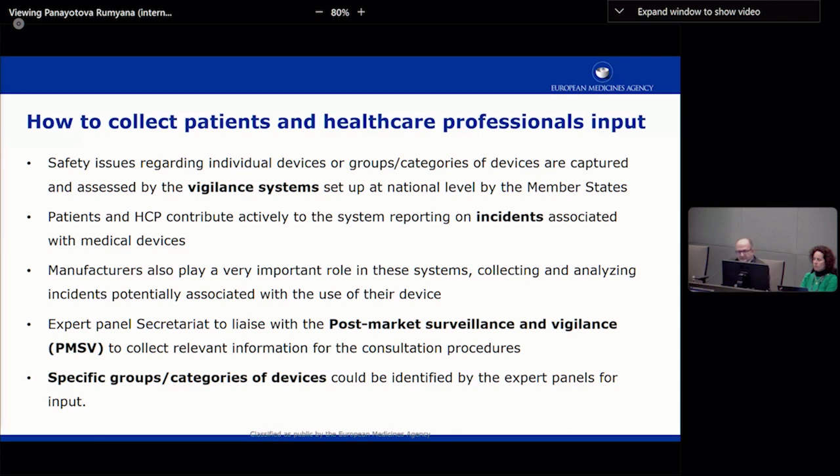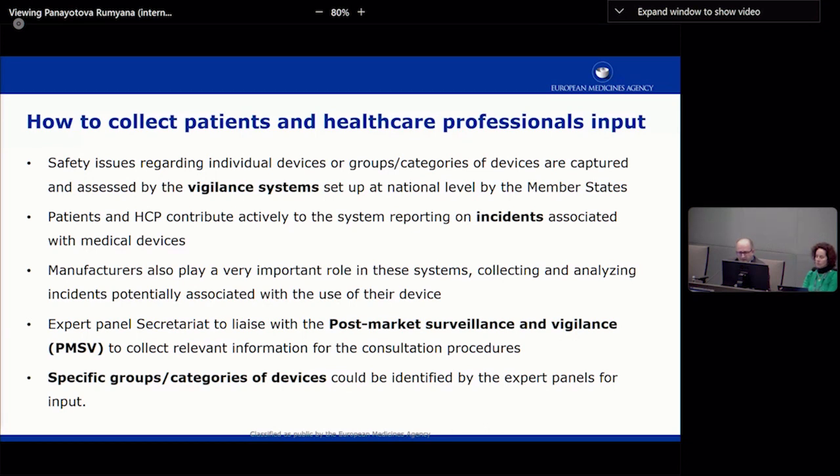Whereas to collect patient and healthcare professional inputs, there is already in place a vigilance system that is set up at national level by member states. They collect a lot of what is the current experience with medical devices, especially associated with incidents, meaning serious injuries caused or potentially caused by medical devices or associated with their use. So both patients and healthcare professionals have a very active role in setting up and keeping these systems running.